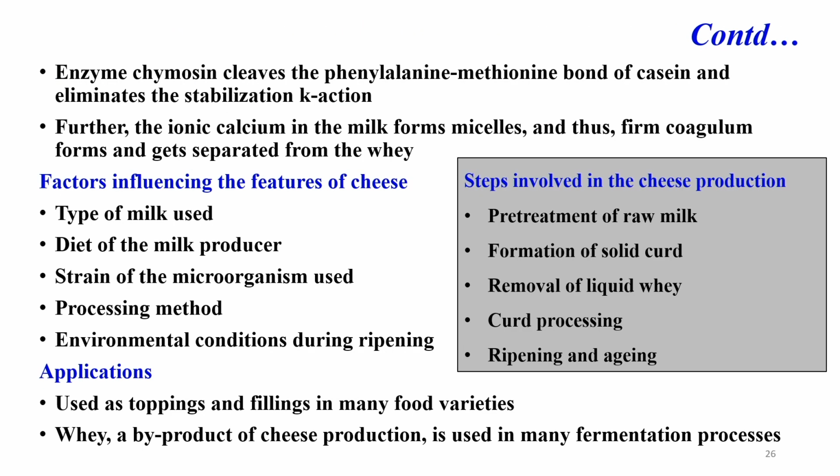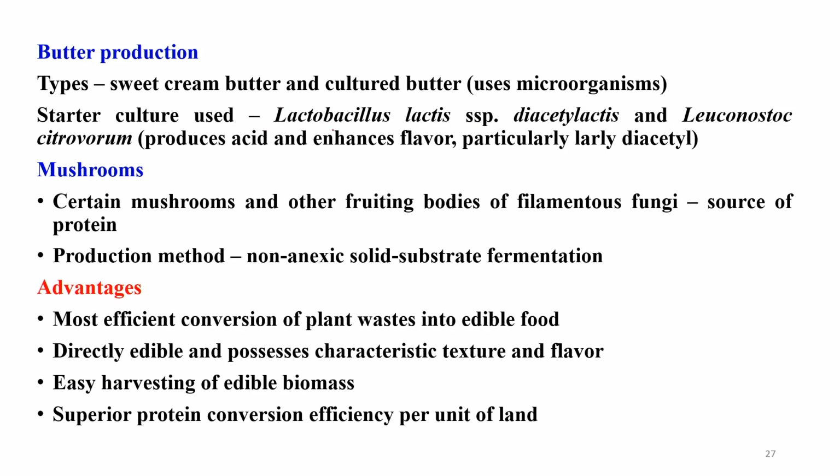For example, this enzyme chymosin cleaves the phenylalanine-methionine bond of the casein and eliminates the stabilization of kappa-casein. Further, the calcium ion in the milk forms the micelles, and thus a firm coagulum forms and gets separated from the whey. For butter preparation, we use Lactobacillus species.